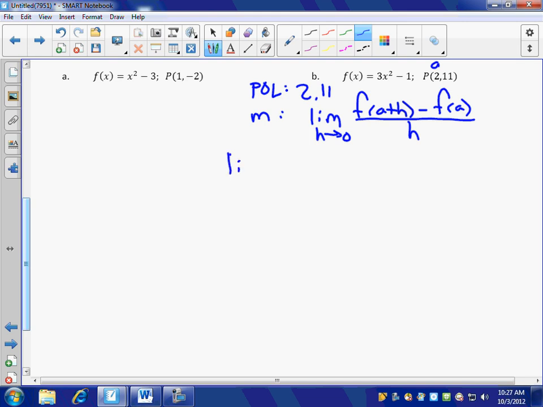The limit as h approaches 0 of. What is f of a plus h? So I take that 2, that's my a value, 2 plus h, and I plug it into my function for x. So I have 3 times a plus h quantity squared. Plug the a plus h in. Minus 1.